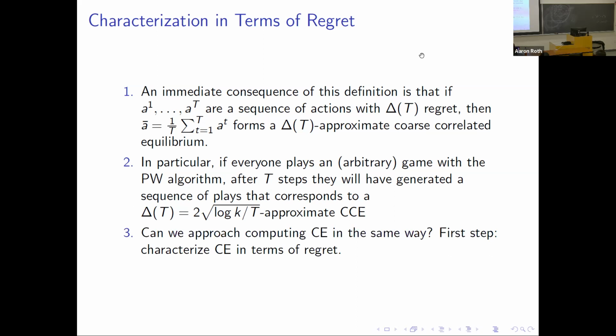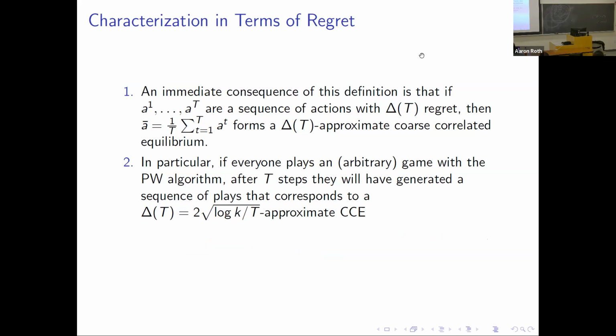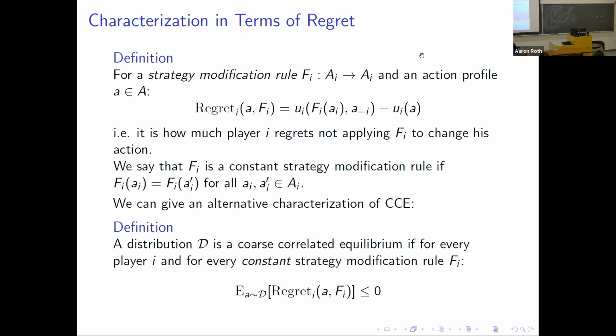And so the question I want to ask, and I want to set up the question this class and then answer it next class, is can we similarly think of a learning dynamic that we can argue converges to correlated equilibria, not just coarse correlated equilibria. For coarse correlated equilibria, we gave an equivalent definition in terms of regret to these constant strategy modification rules.